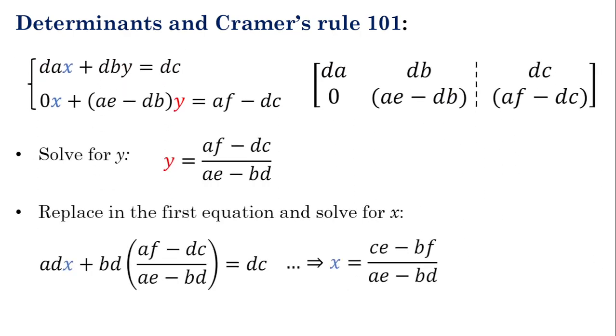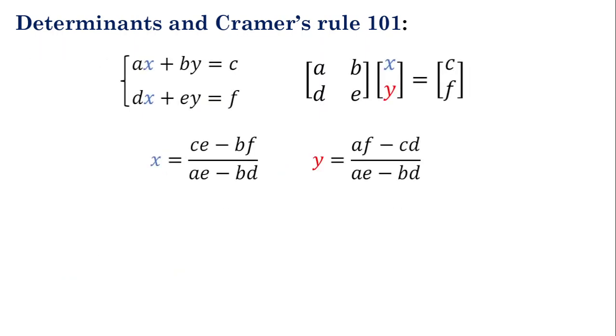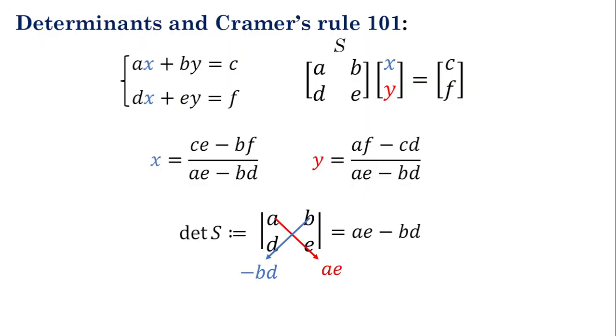So here is the solution of our system. Notice something? Yes, both denominators are the same. And moreover, they can be calculated as a simple combination of the coefficients of the system matrix. This cross multiplication is very useful in linear algebra, so we give it a name, the determinant.